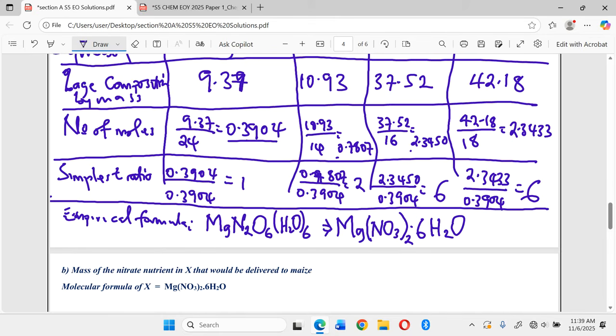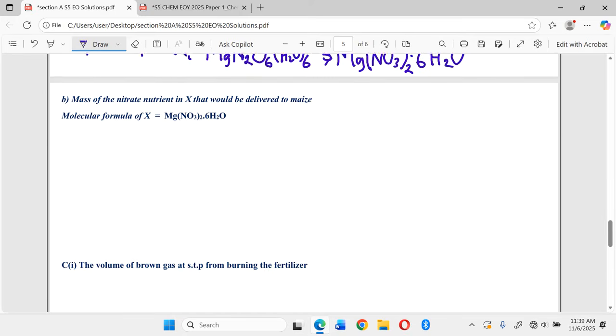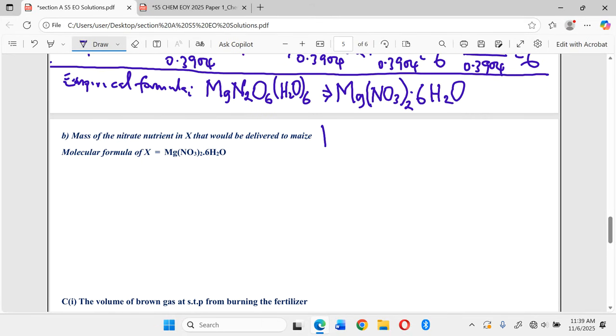But we need to look for the molecular formula. So after getting the empirical formula, then we can also calculate the molecular formula.